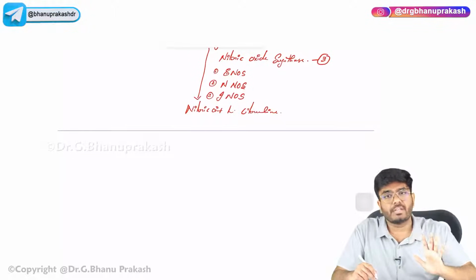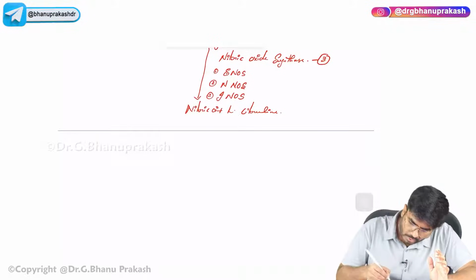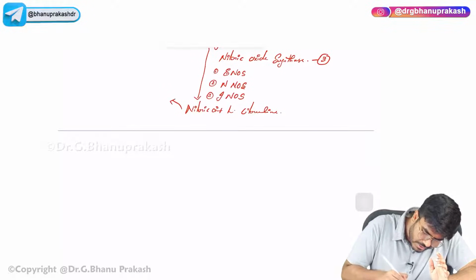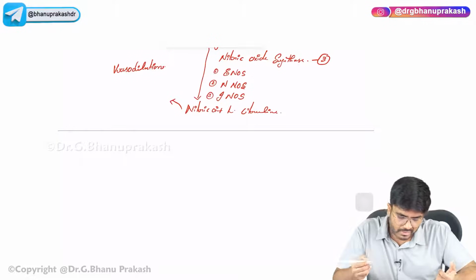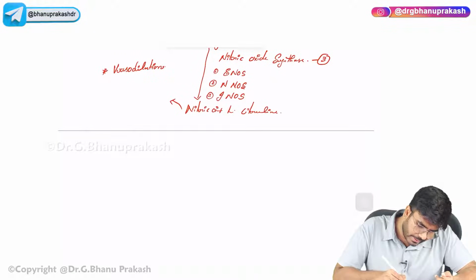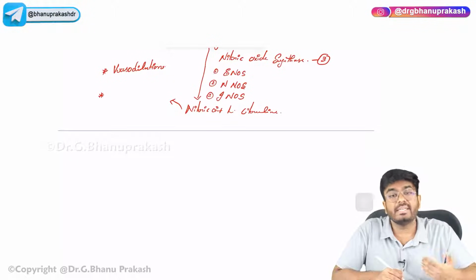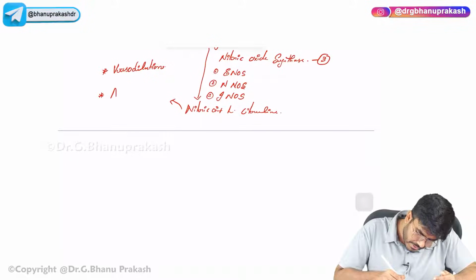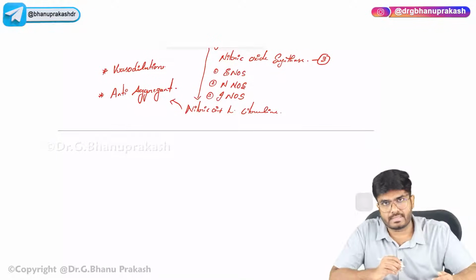Now, nitric oxide is there. So what is this nitric oxide going to do? It's going to cause vasodilation. It helps in inflammation, right? Apart from this, nitric oxide also has an anti-aggregant property, meaning anti-platelet.